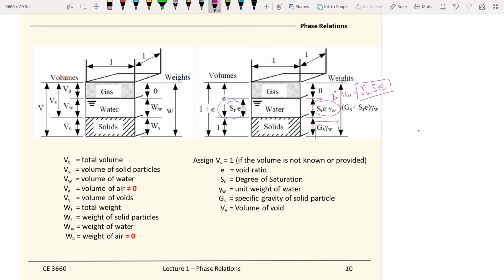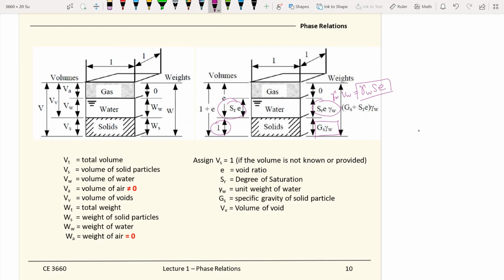And likewise, we did the last slides too. If we assume the volume of solid is equal to 1, then the weight of the solids will be equal to G sub S times the unit weight of water.